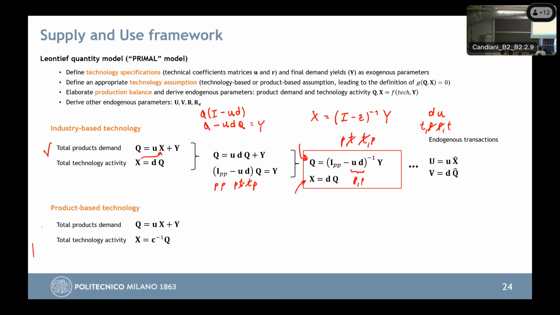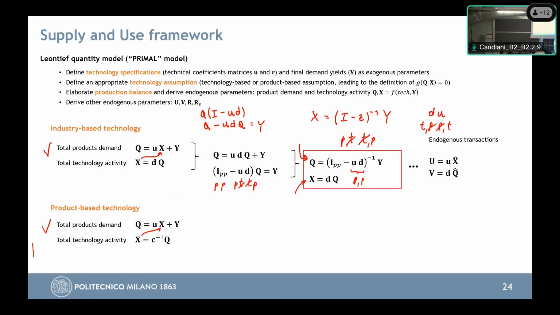Then the other way around, we have the product-based technology assumption, and the procedure is always the same. We have the total product demand balance, that is the very same as the previous one. We have another way of transforming X and Q. So we have X equal to the inverse of C times Q. And now by substituting the X in the total product demand balance, we can get as well the Leontief primal model that you see is exactly the same as the previous one.